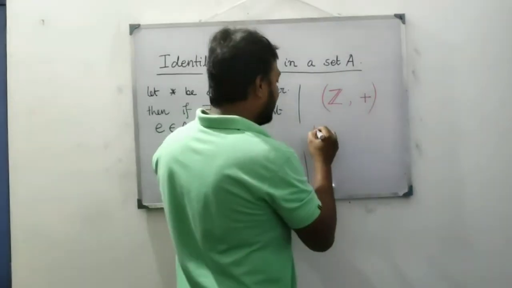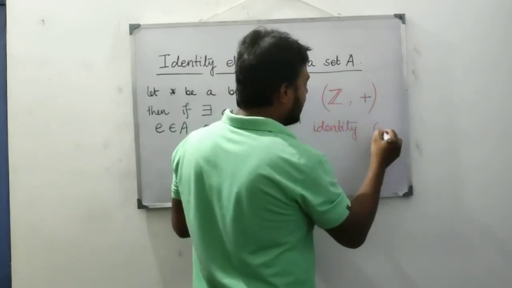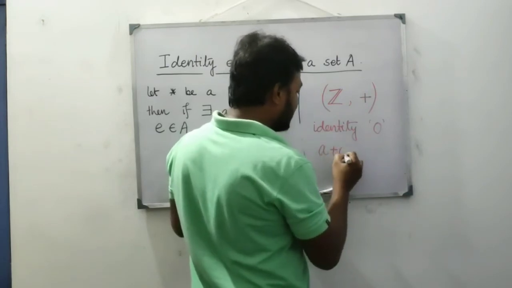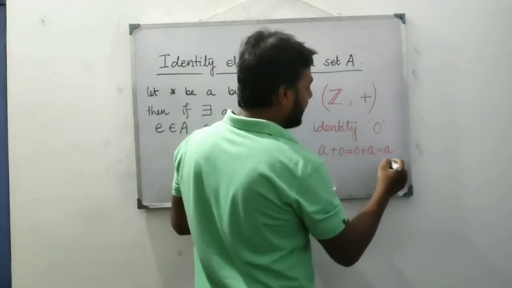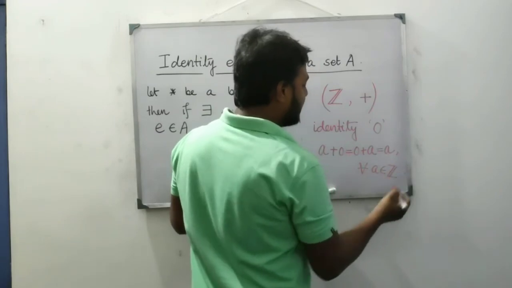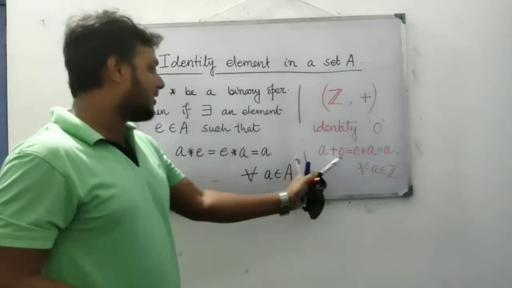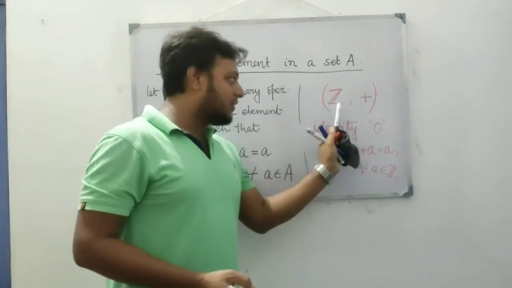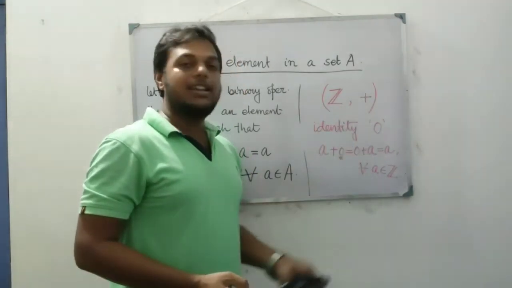So here the identity element will be 0. Why? If you consider any integer a, then a plus 0 and 0 plus a, whatever, you will get back a again. And it will happen for any a belongs to Z. So we can say that 0 has the characteristic of an identity element. So on the set Z, under the binary operation addition, 0 is the identity element.